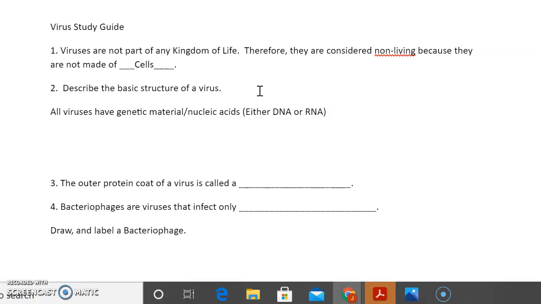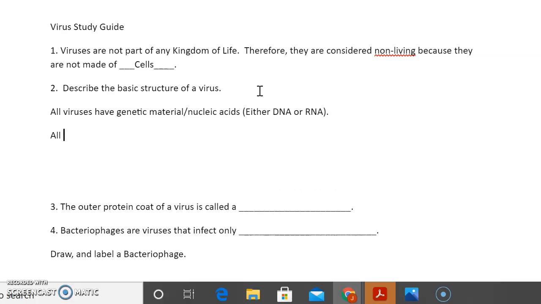So all viruses have genetic material, nucleic acids, and all viruses have a protein coat that protects the genetic material.